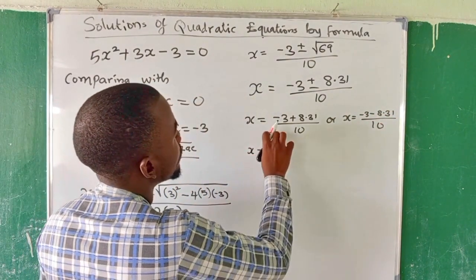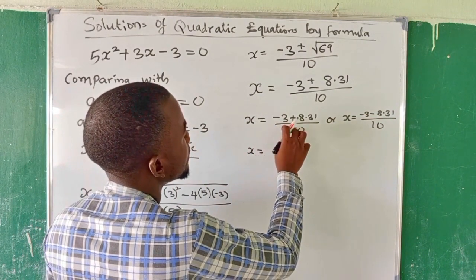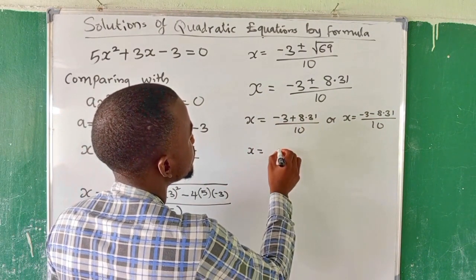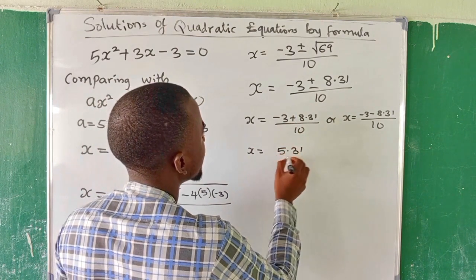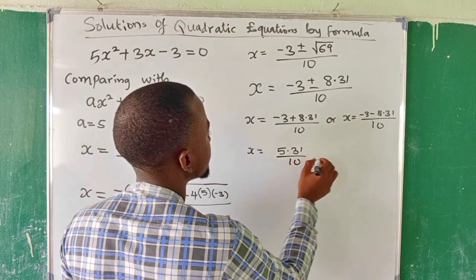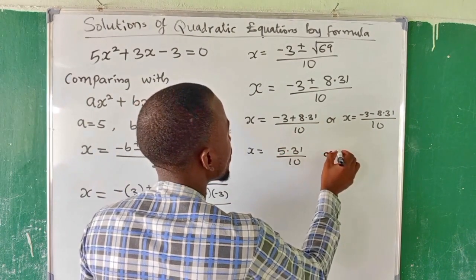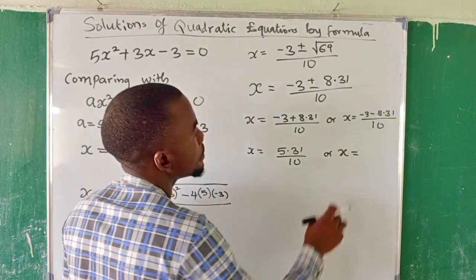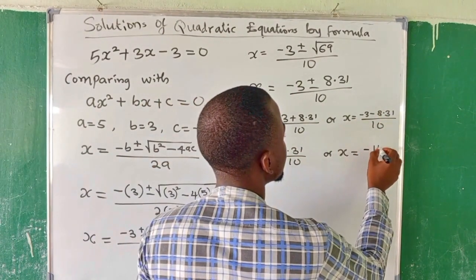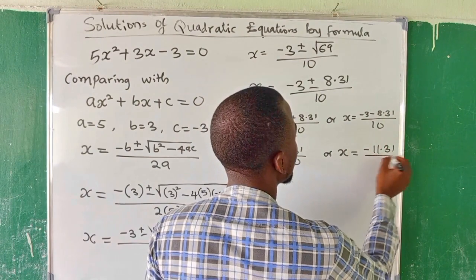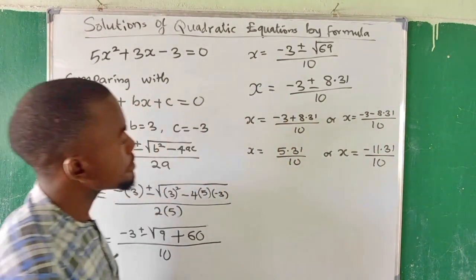x is equal to minus 3 plus 8.31 will give us 5.31 divided by 10, or x is equal to minus 3 minus 8.31 will give us minus 11.31, all divided by 10.